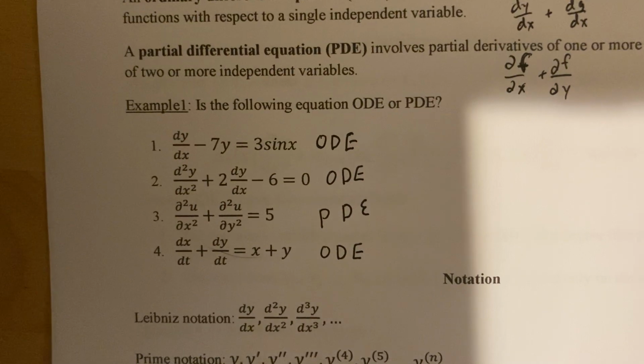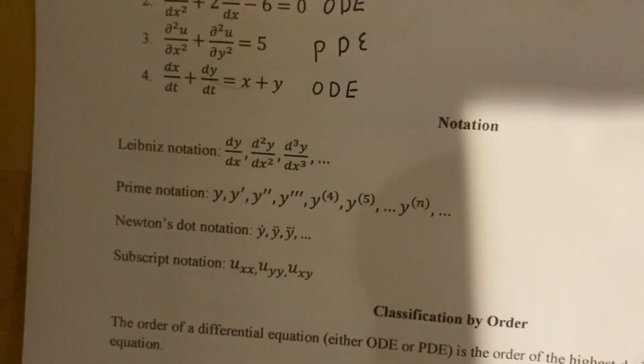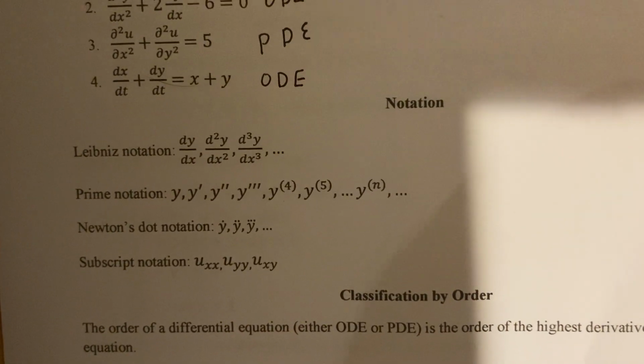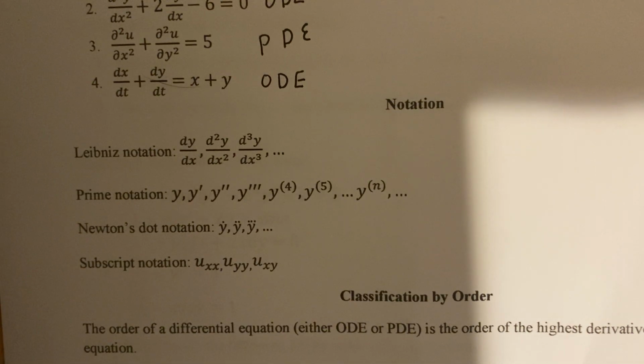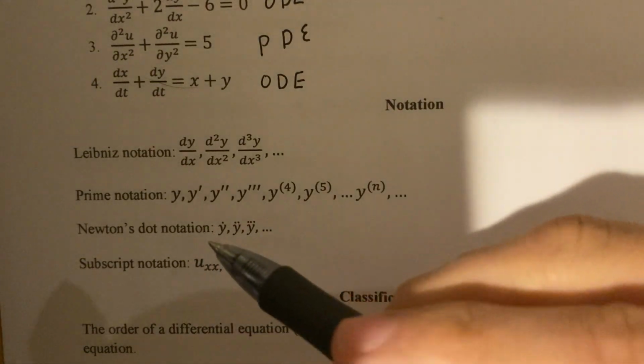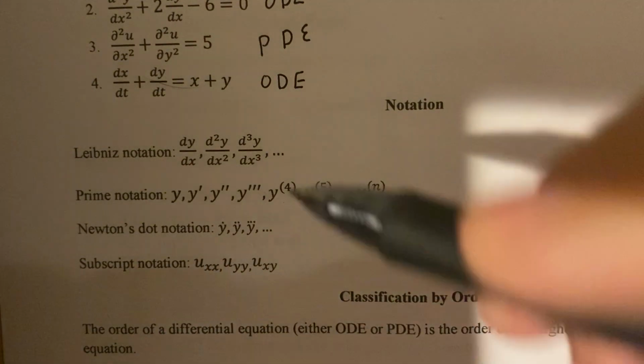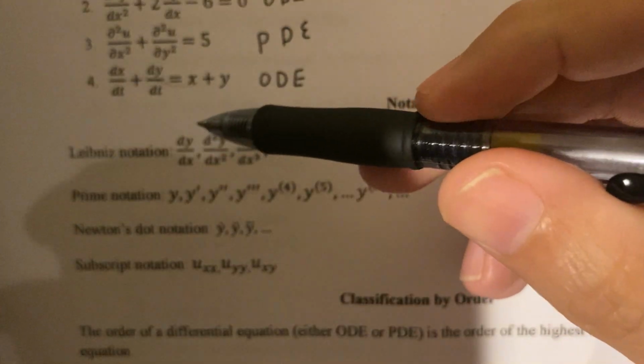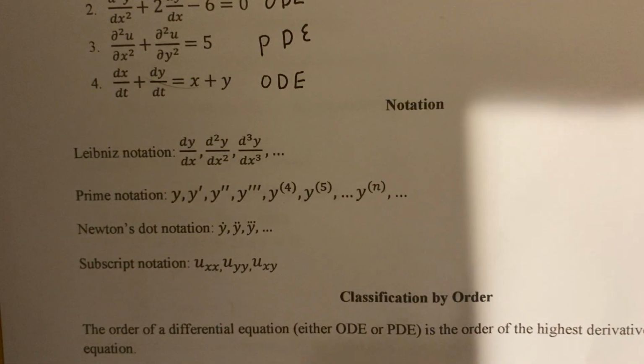All right, some notation. I kind of talked about this last semester, the difference between Leibniz notation, prime notation, Newton's dot notation, and subscript notation. I kind of covered that when we were doing partial derivatives. But Leibniz notation is what you're used to seeing, the dy over dx.